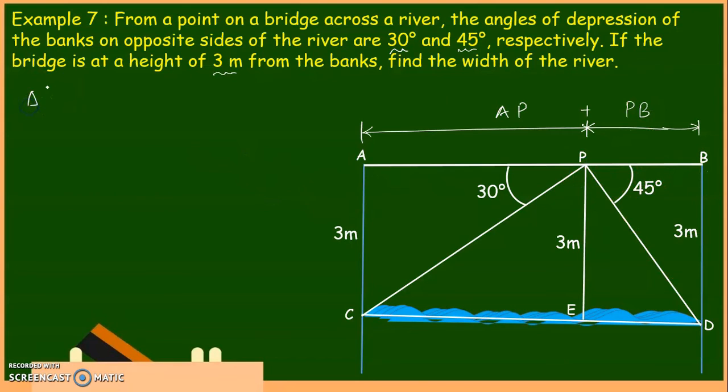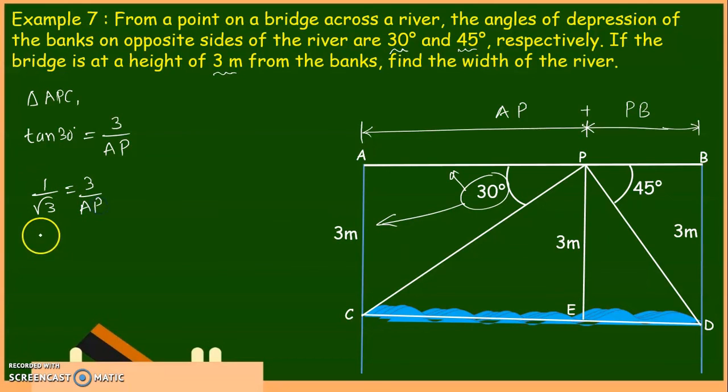So if you consider the triangle APC, you can see tan 30 degree will be equal to the opposite side, that is 3, and the adjacent side, that is AP. Here for 30 degree, this will be the opposite side and this is the adjacent side. So if you put the value of tan 30, we get AP equal to 3 root 3 meter.